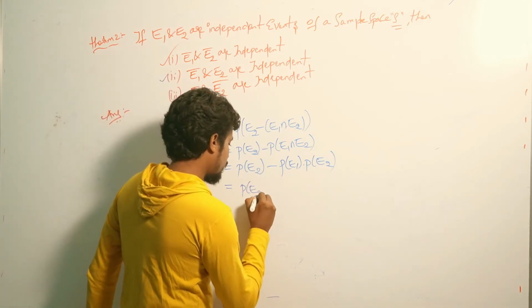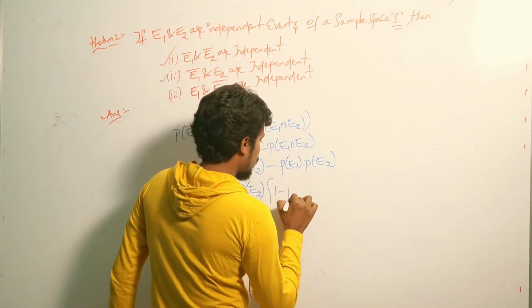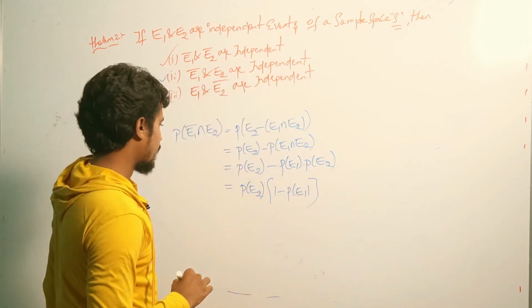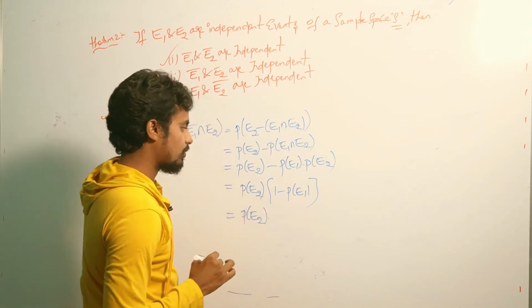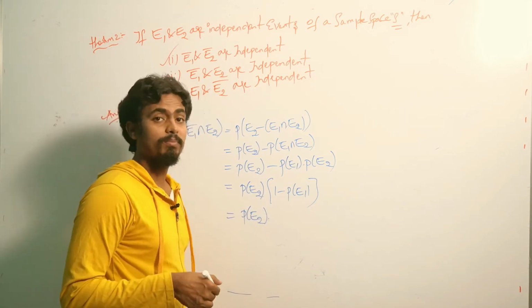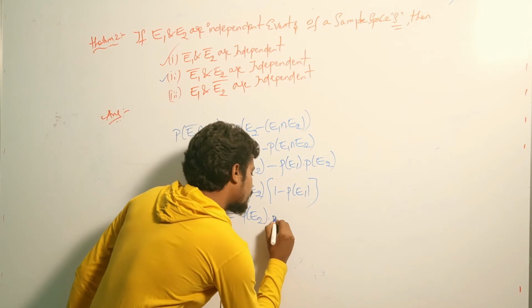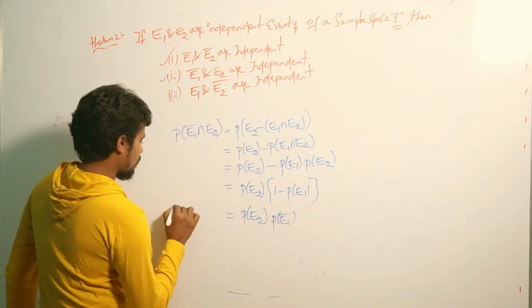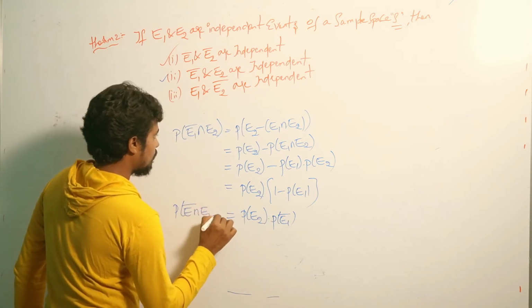Similarly, if you take P of E2 common, what will happen? P of E2 into 1 minus P of E1. If you want to put the complement, that will become P of E1 bar. This will be the P of E1 bar into P of E2.